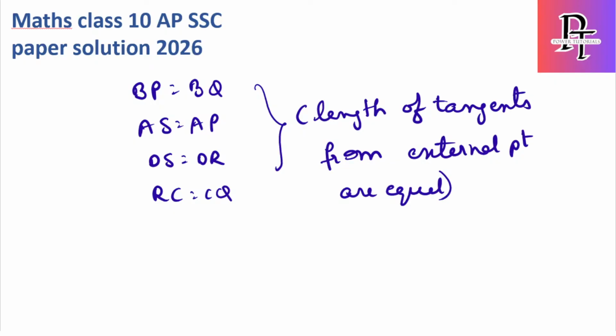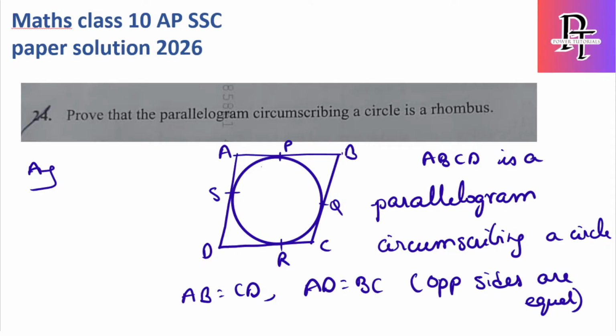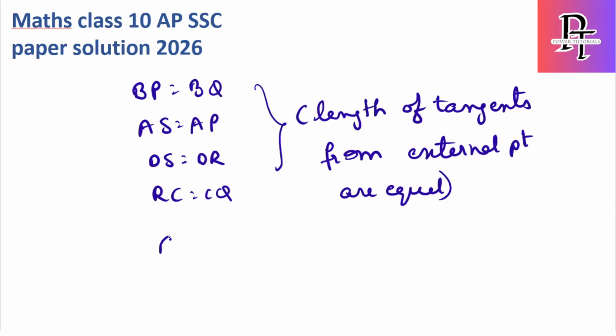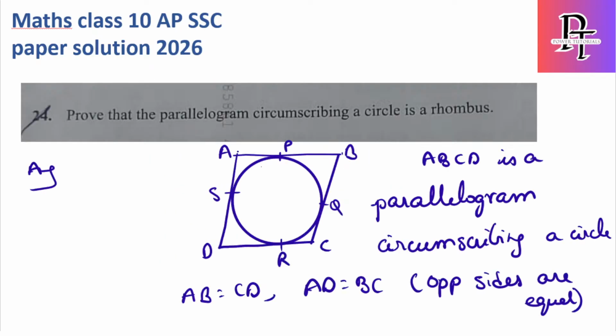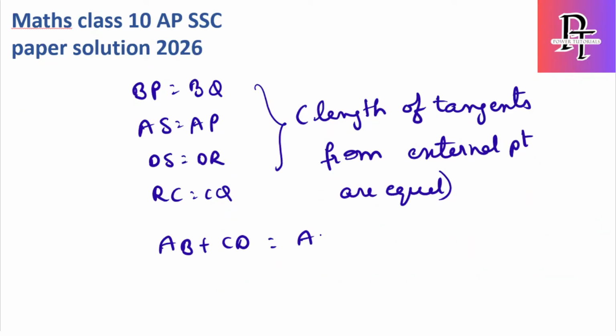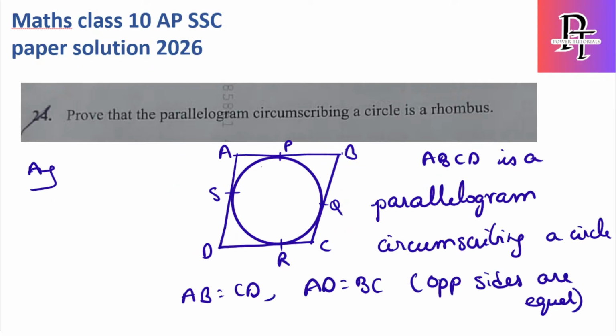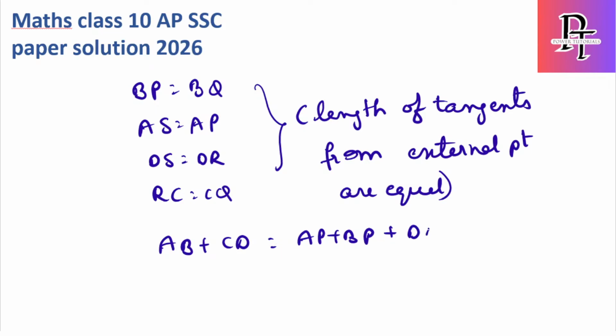Now I will write AB plus CD. What is AB plus CD? AB means AP plus BP. What about CD? CD is DR plus RC, or CR.